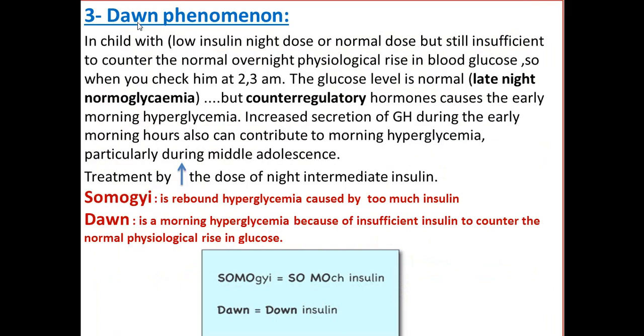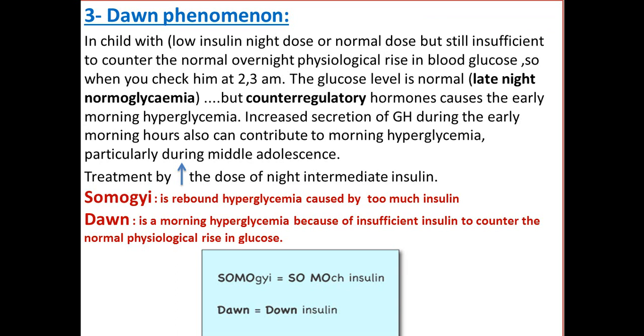What about the dawn phenomenon? Here, the child takes an insulin dose which is low at night, or maybe a normal dose, but this low or normal dose is insufficient to counter the normal overnight physiological rise of blood glucose. As we said, it is normal physiology to have rises in these hormones in the early morning.